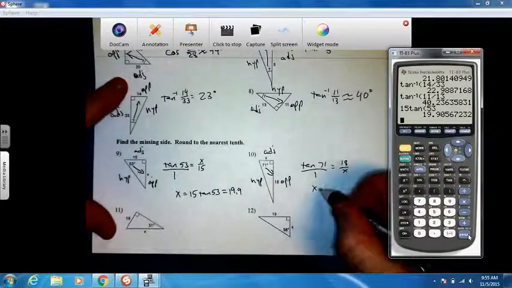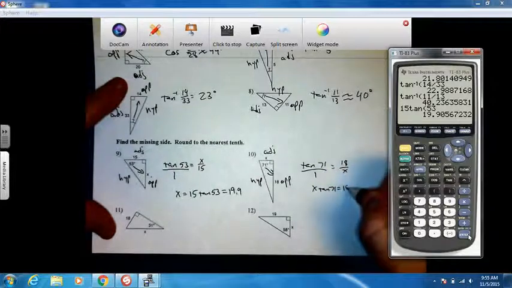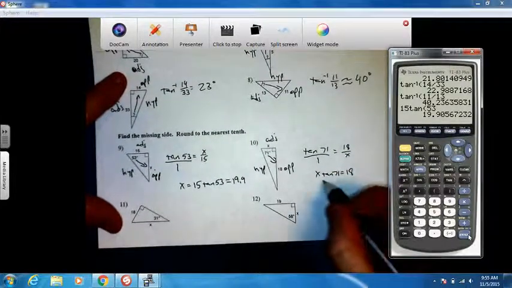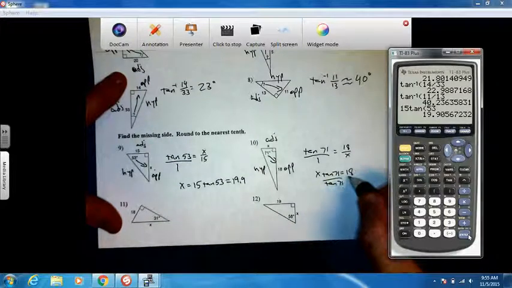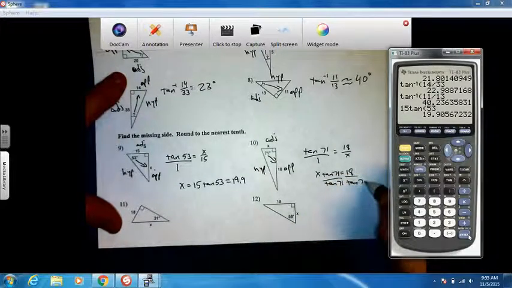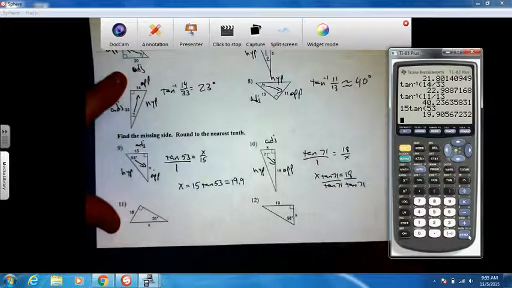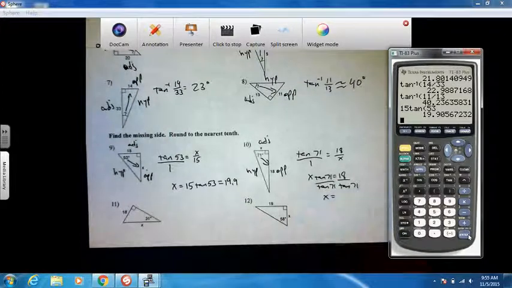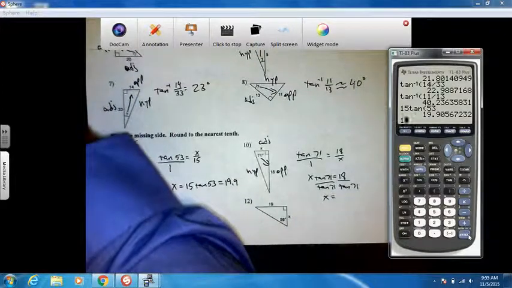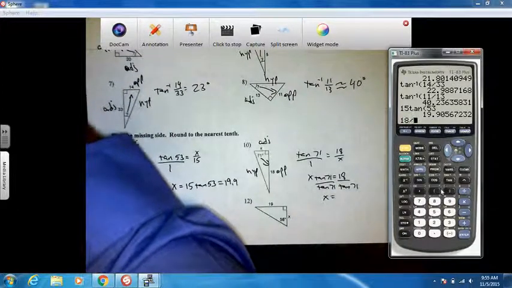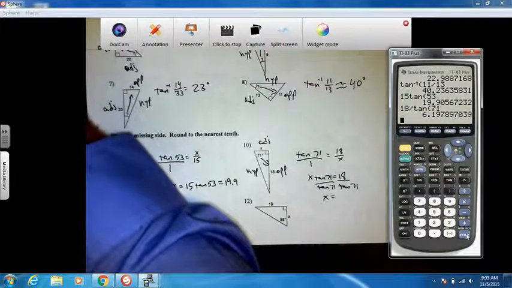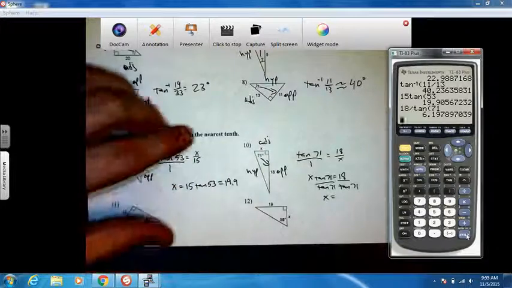X times tangent 71 equals 1 times 18. So, get x by itself, divide by the tangent of 71. So x equals, and I'm just going to type it in exactly as I see it, 18 divided by tangent 71. It's about 6.2.